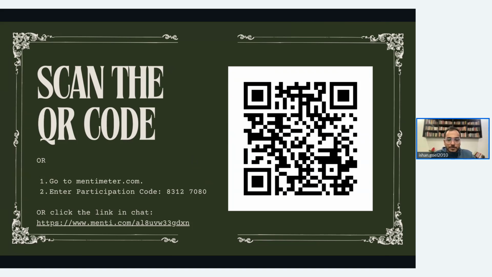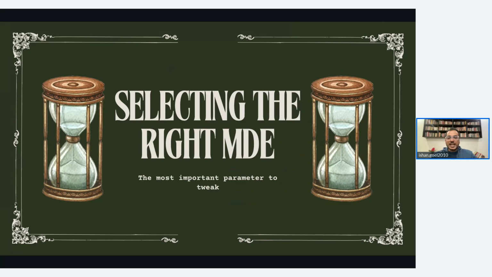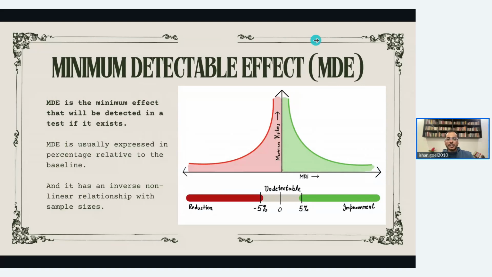I'll move forward. So we come to the highlight topic of the day, which is selecting the right MDE, the most important parameter that you need to tweak to decide how long your test will run. MDE is the minimum effect that will be detected in a test if that effect exists.